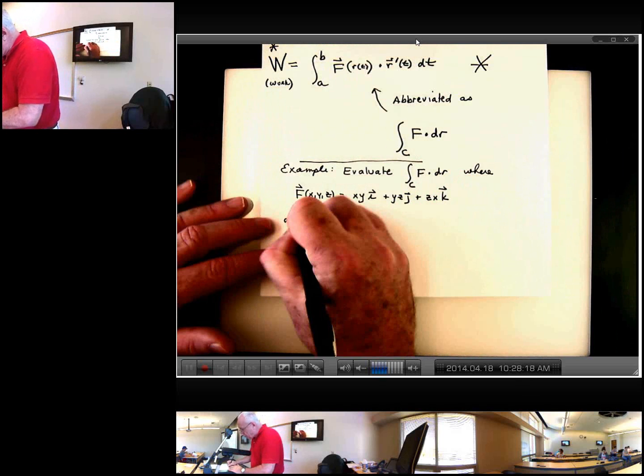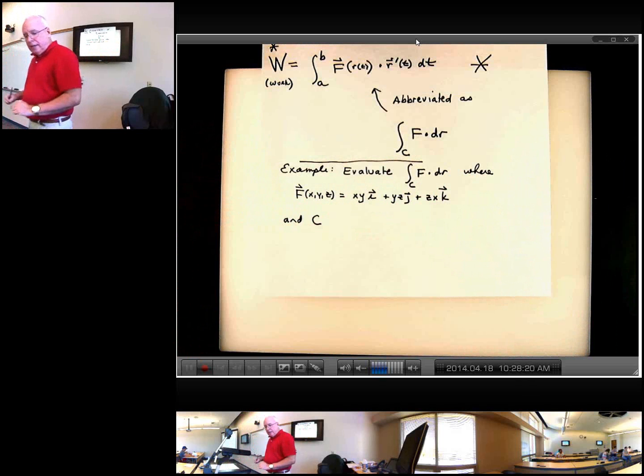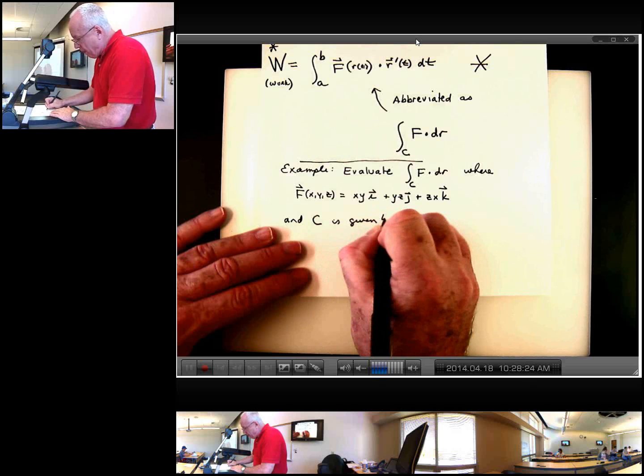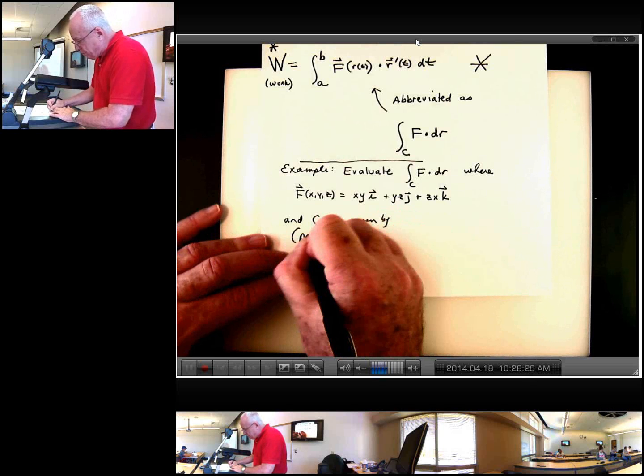And our curve C is given by this, because remember, we need to parameterize it.